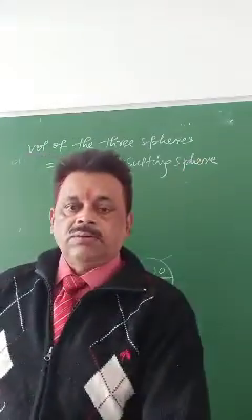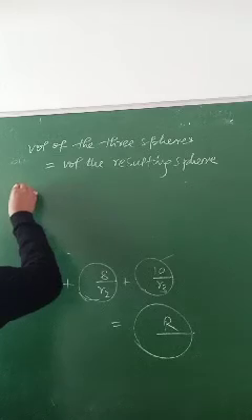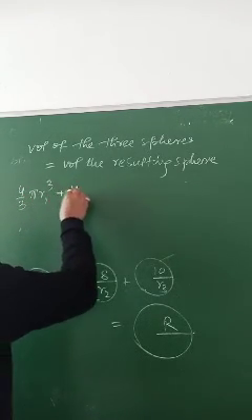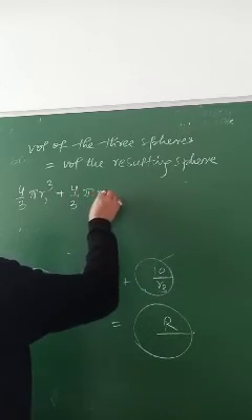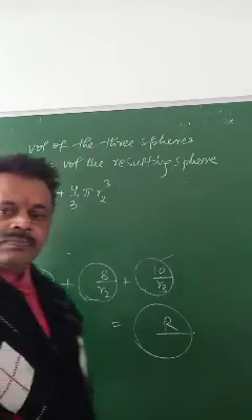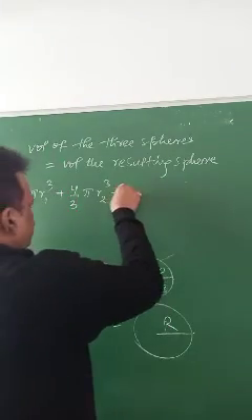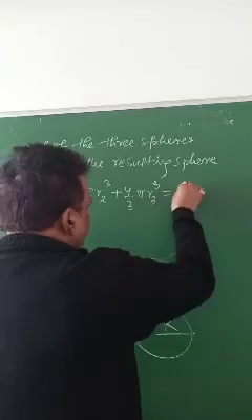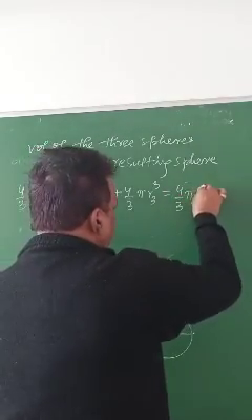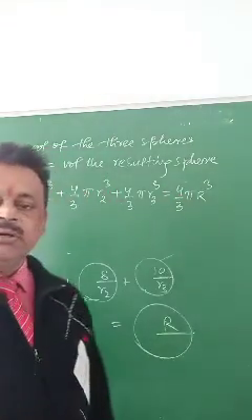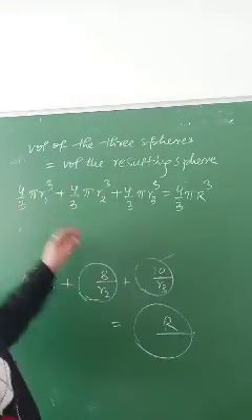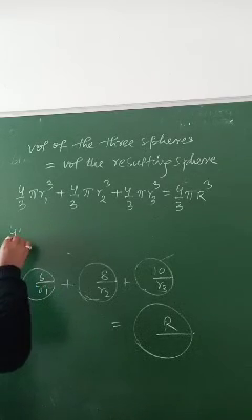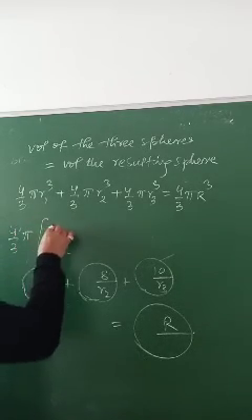So how do we solve it? Now 4 by 3 pi r1 cube, 4 by 3 pi r2 cube, 4 by 3 pi r3 cube equals 4 by 3 pi R cube. 4 by 3 pi is a common factor, you take it and cancel.